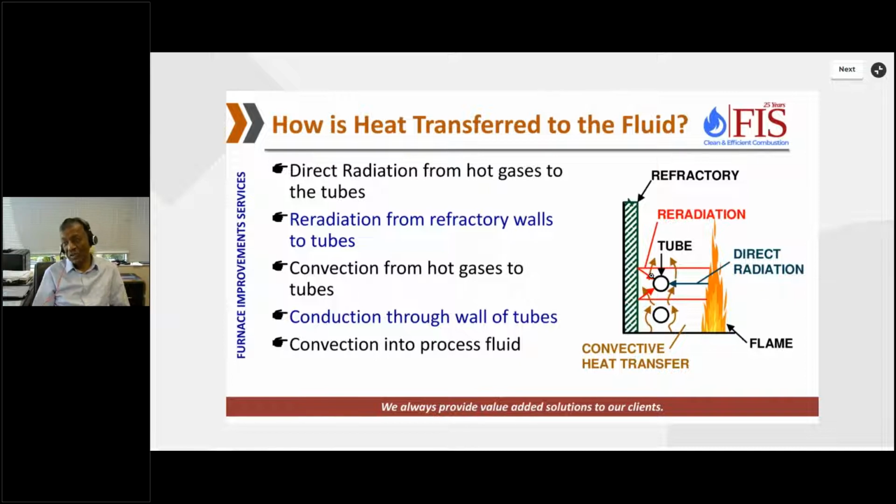As you all know, no matter how good a cracking you have, you will always get coke formation. So that's another impediment to heat transfer. And once the heat is transferred inside, then by convection, the fluid receives the heat and it gets heated and then the reaction starts. So that's basically how the heat is being transferred in the radiant section.